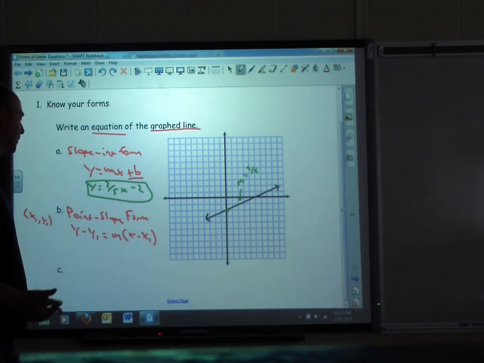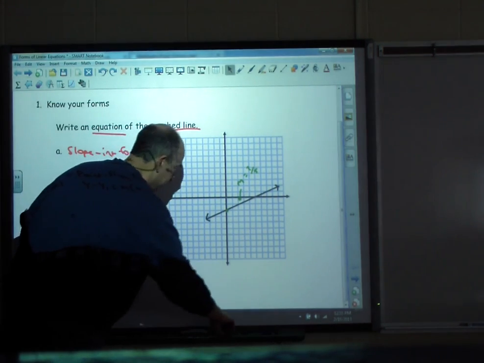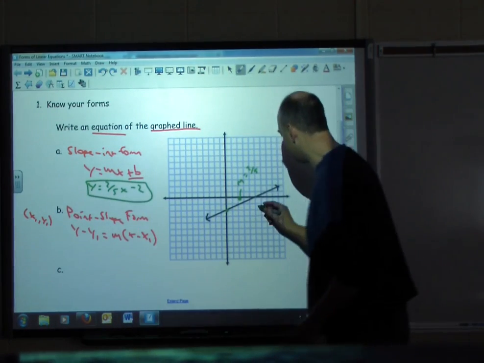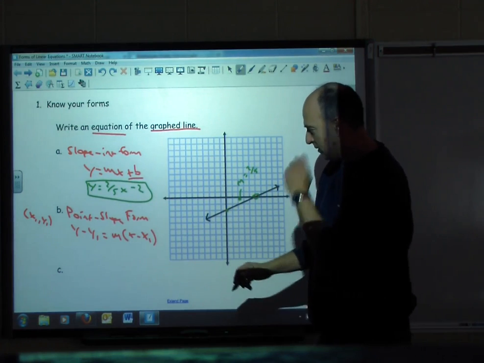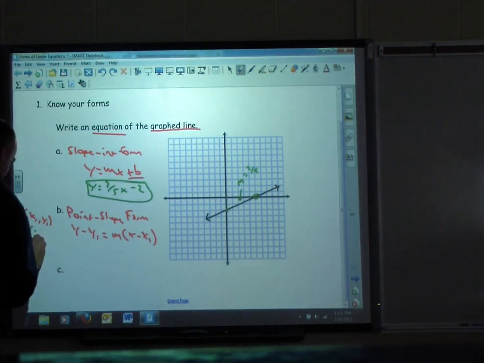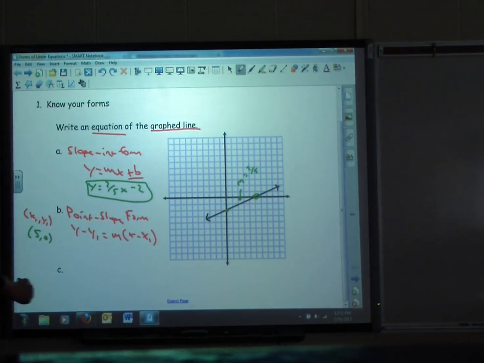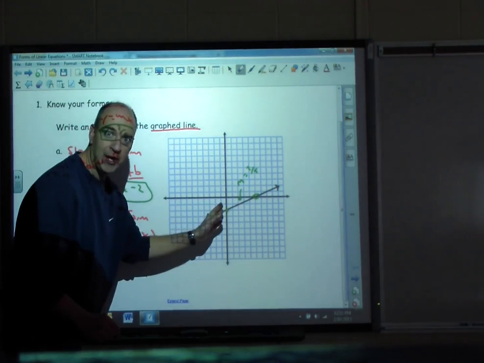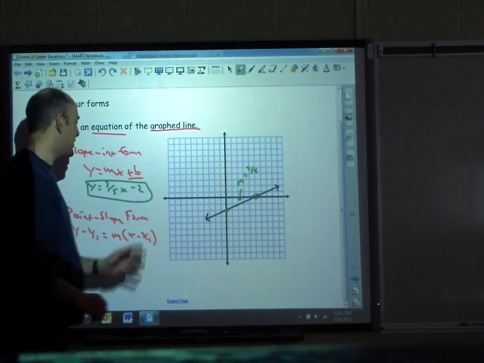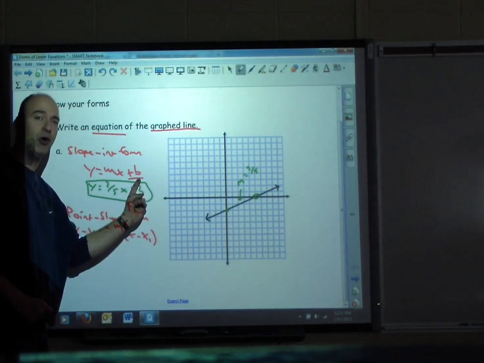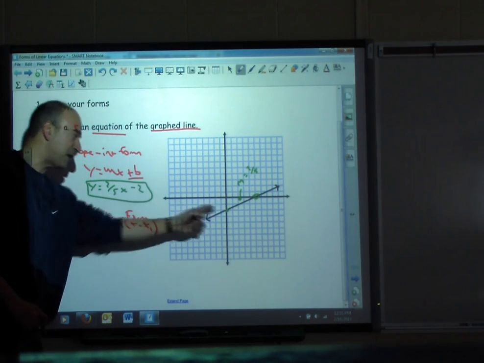And it's true. So, say for instance I took this point right here, which is (5, 0), and I said, okay, that's a point I can see. I certainly don't need the y-intercept point plus the slope to make a line. The only reason I needed it before is because it's a requirement of the slope-intercept form.